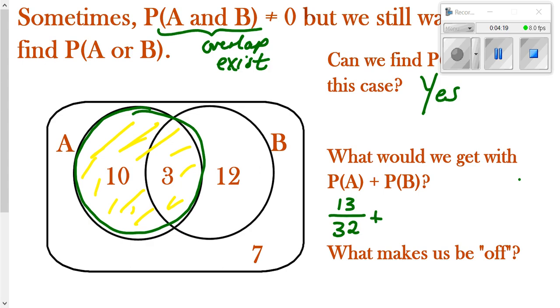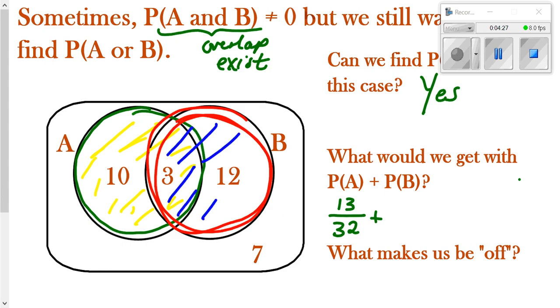And then if we're looking at B, well, here's set B. And if I were coloring that part in, that would be all of this. Okay, so set B has 15 out of 32. And then if we did that math, we'd get 28 out of 32.